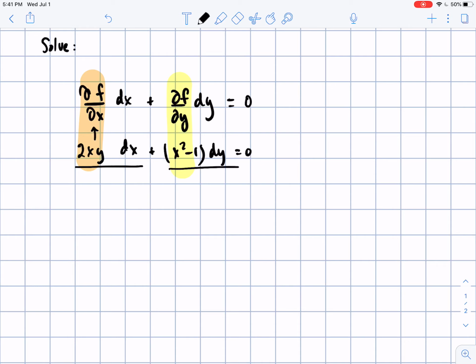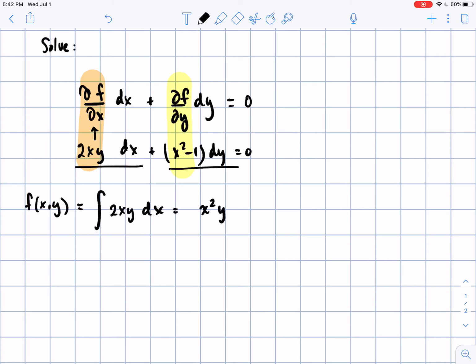So the first thing I want to say, okay, how can I find what my original function is? Let's do an integral of one of those parts. So I just picked the first part because it's first, no specific reason. And remember what this means though, you're taking the antiderivative with respect to x. So it's almost like a partial antiderivative, right? So really the only variable that I care about is the x in this situation. And what I would get is x squared y.